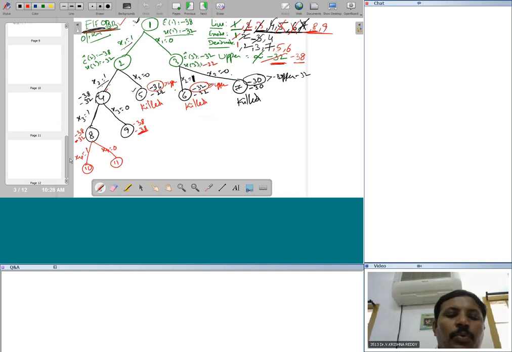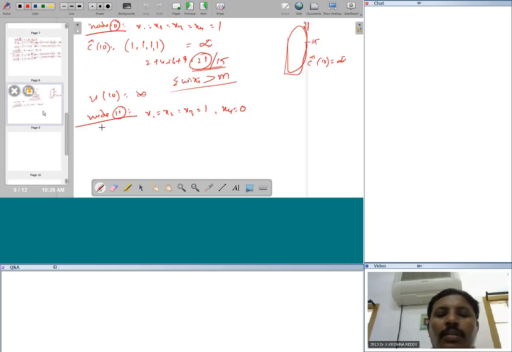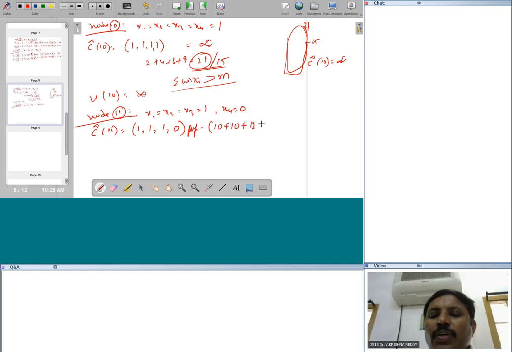At that moment, how to calculate the C cap of 11? C cap of 11 is first object, second object, third object, and fourth object is 0. The profit value is 10 plus 10 plus 12 plus 0, which is minus 32. Similarly, U of 11 is also the same because we are not using the fractional portion.